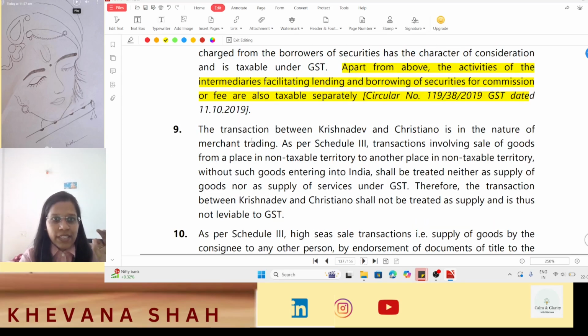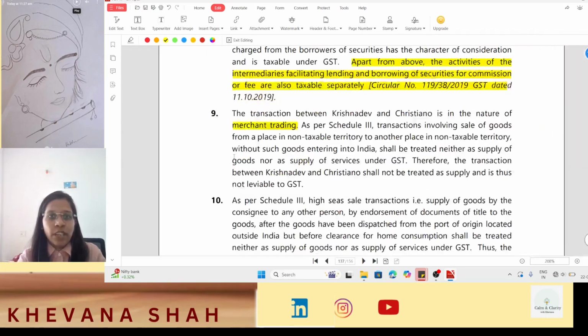The transaction between Krishnadev and Krishnenu is in the nature of merchant trading, or you can say high sea sales. As per Schedule 3, transactions involving sale of goods from a place in a non-taxable territory to another non-taxable territory, we saw that goods are never entering into India.